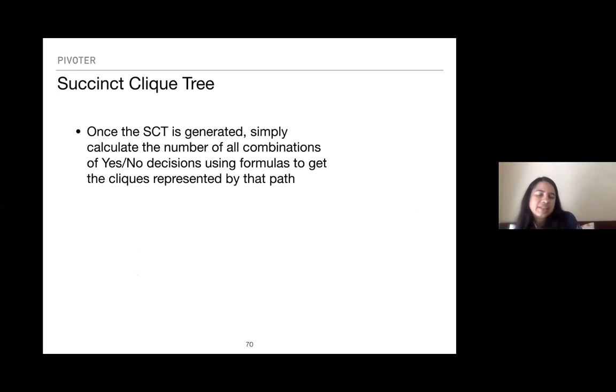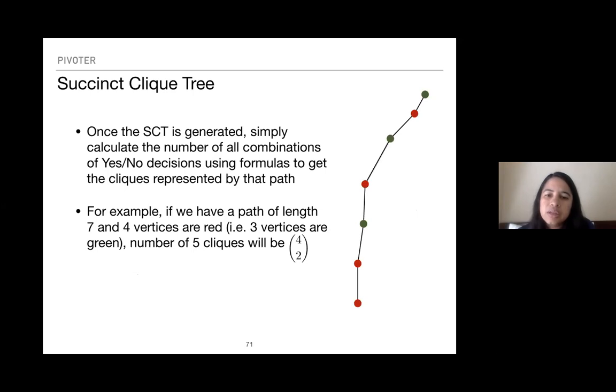So once the SCT is generated, we simply calculate the number of all combinations of yes/no decisions that we can make on that path using formulas. So for example, if I have a path of size 7, and let's say there are 3 green vertices and 4 red vertices on this path, if I'm interested in counting the number of 5-cliques, remember that I don't have a choice with respect to the green vertices. I have to necessarily take those.